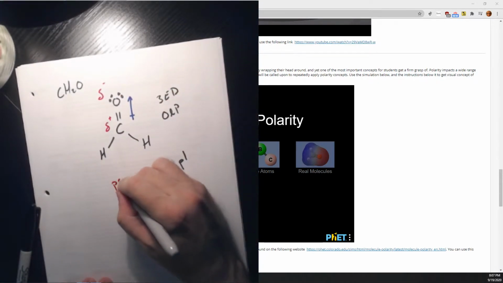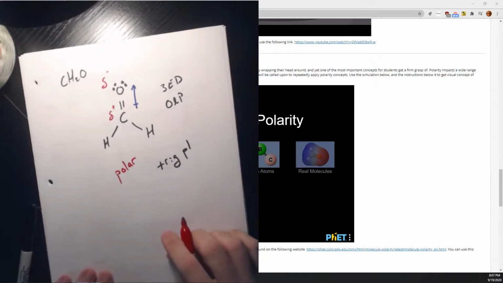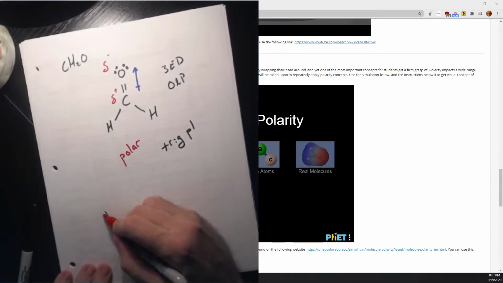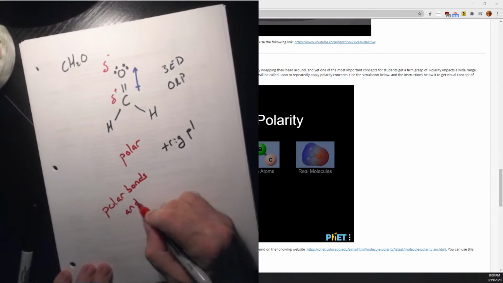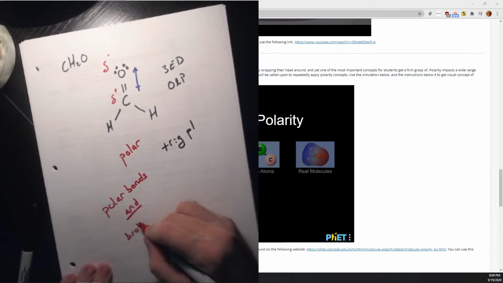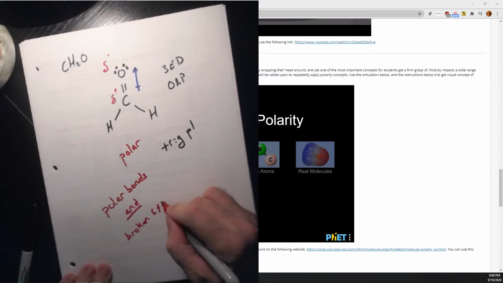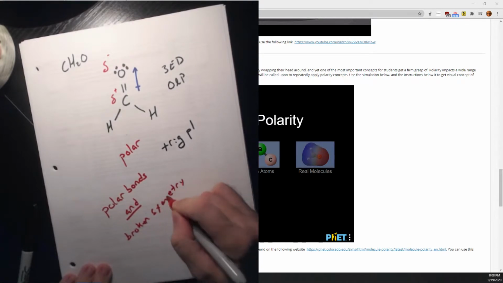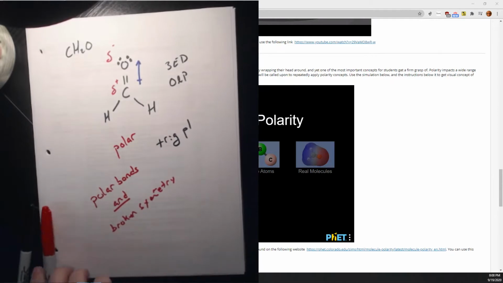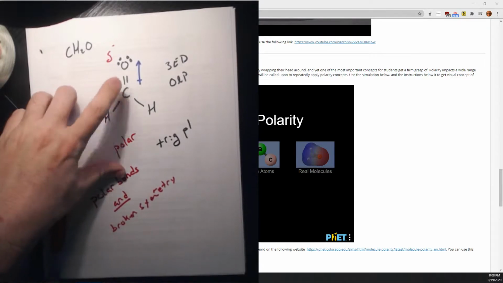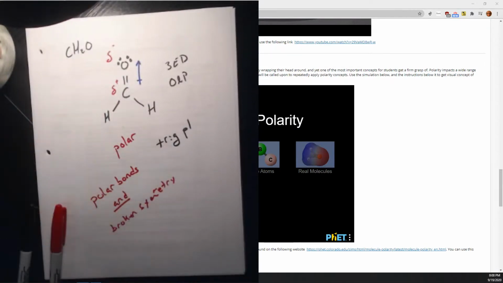And this molecule would be polar. So you're looking for both polar bonds and broken symmetry. You're just looking for any sort of unevenness in the molecule. And that means that it could be something like this, or it could be lone pairs.